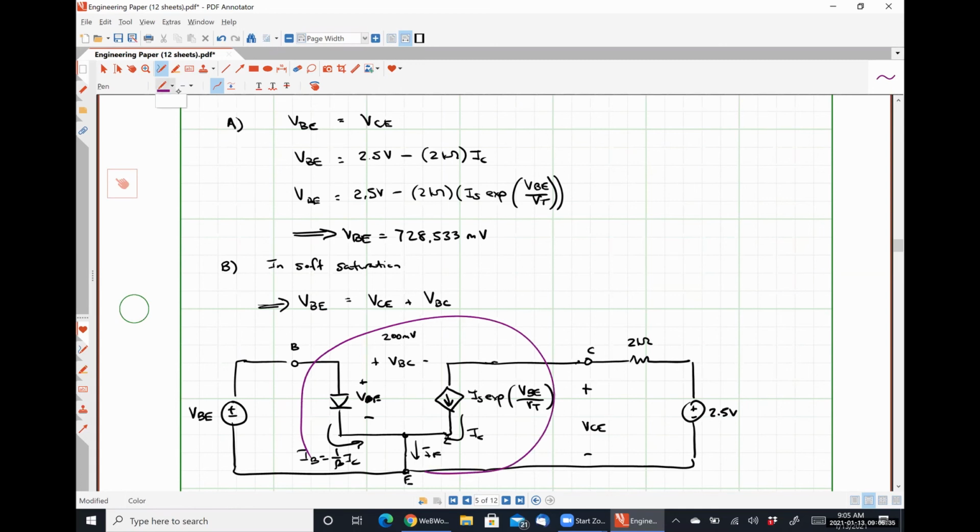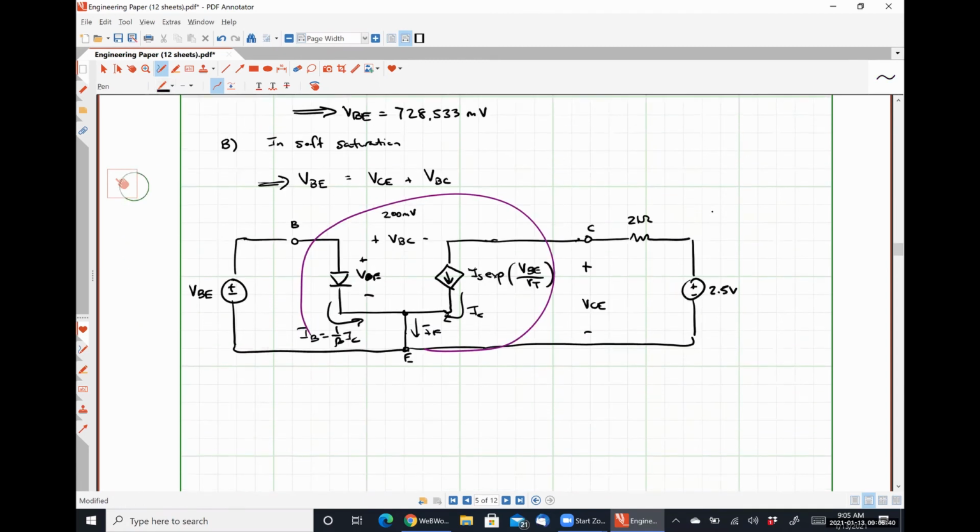All right, so with that in mind, we have VBE is equal to VCE, which is just 2.5 volts minus 2 kiloohms times 6 times 10 to the minus 16 amps exp of VBE over VT.